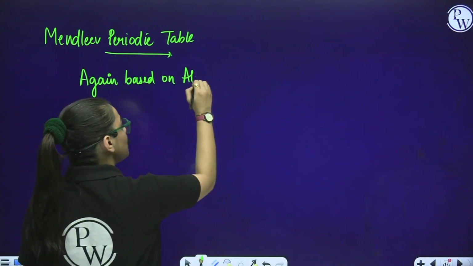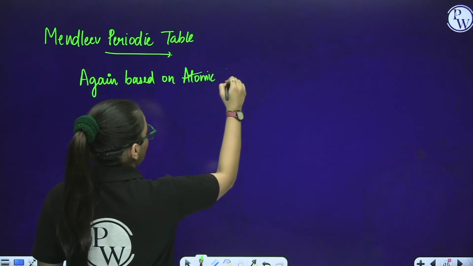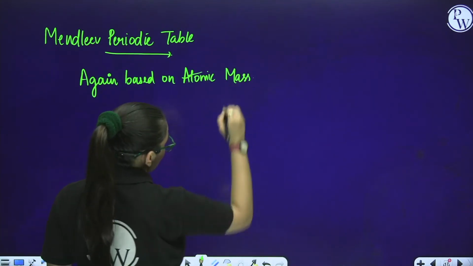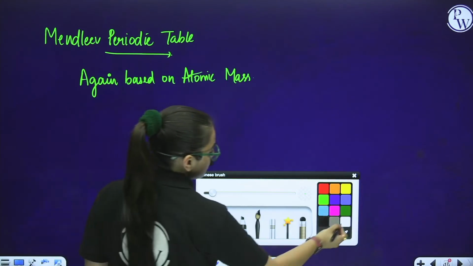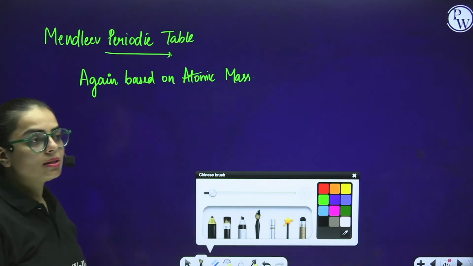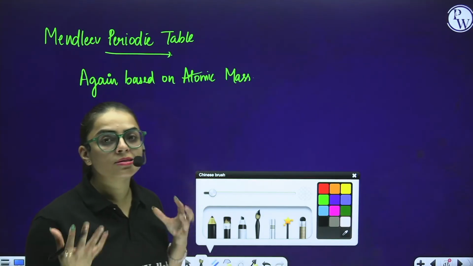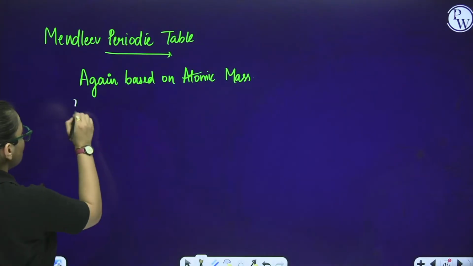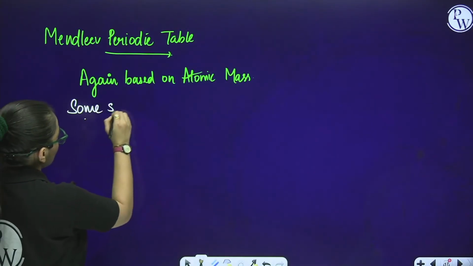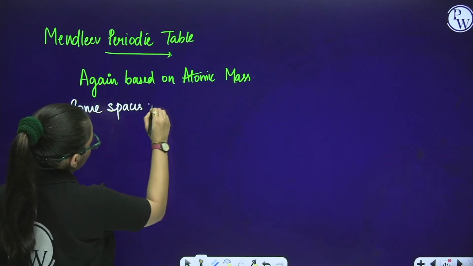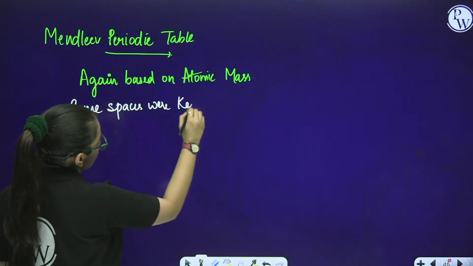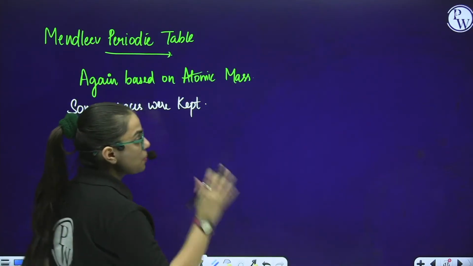atomic weight or atomic mass, I would say. It was again based on increasing atomic mass. Over here, you will see that they have provided some spaces in the table. Some spaces were kept based upon the properties.